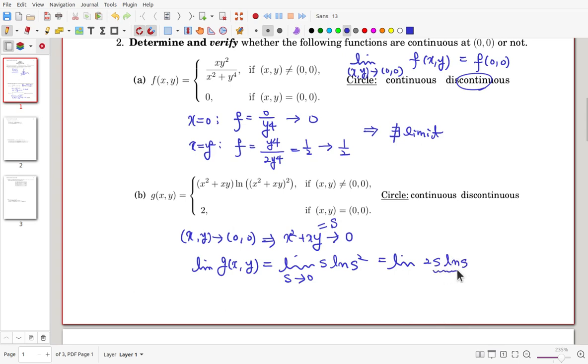You learned in calculus 1 that the limit of this one is 0, so we have here limit value 0. The limit exists; however, the limit is different from the function value. So again, this one is discontinuous.